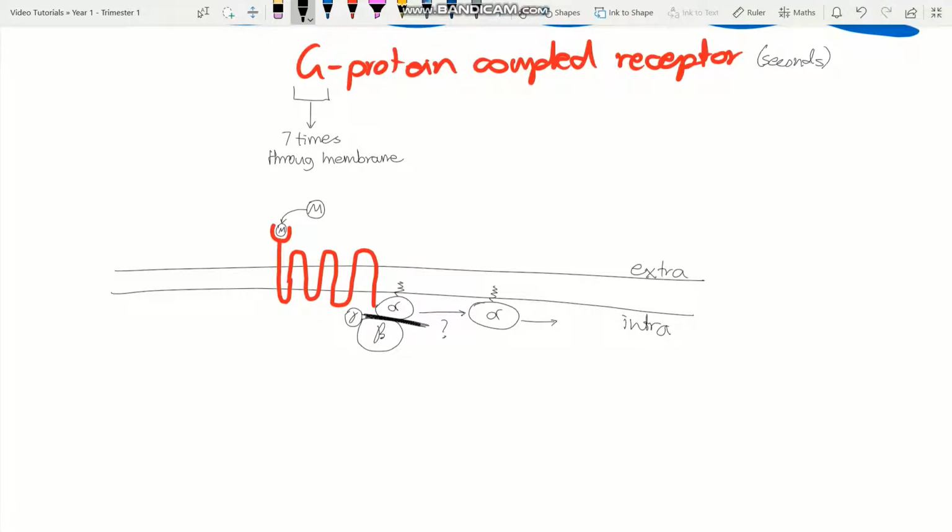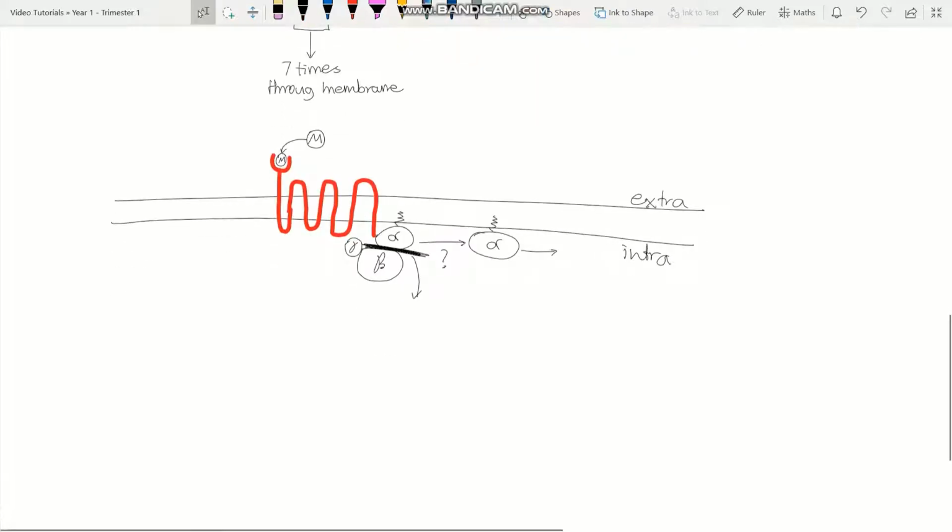Well, essentially, when the alpha subunit, if we take a zoom in perspective here, when it is inactivated, it actually contains a GDP molecule attached to it. And if you've heard of all the triphosphate molecules, like ATP, you'll notice that it's simply just a different nucleotide to ADP, adenosine. Instead of adenosine, it's guanine.